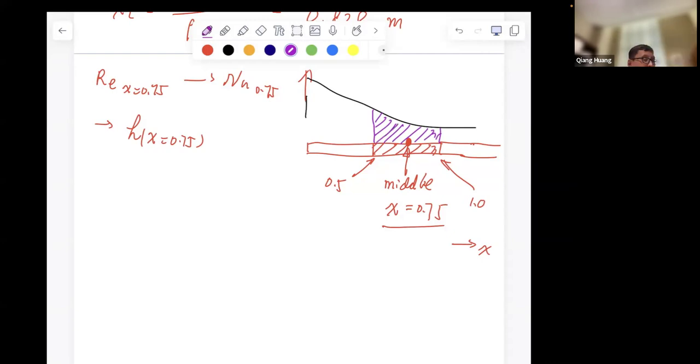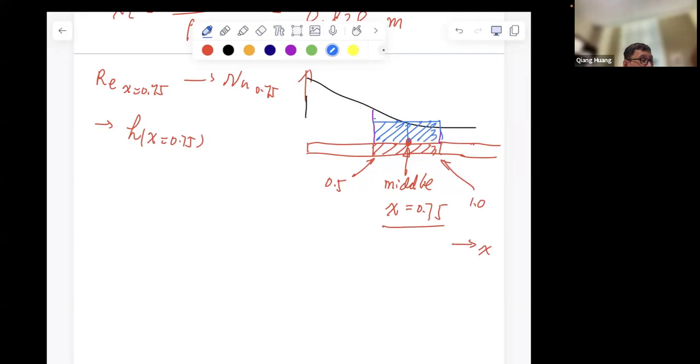That's the purple area. You can also do an approximation if you know the middle point. The middle point is somewhere here. So instead of doing integration, you can use this middle point as the average value to calculate this rectangle.